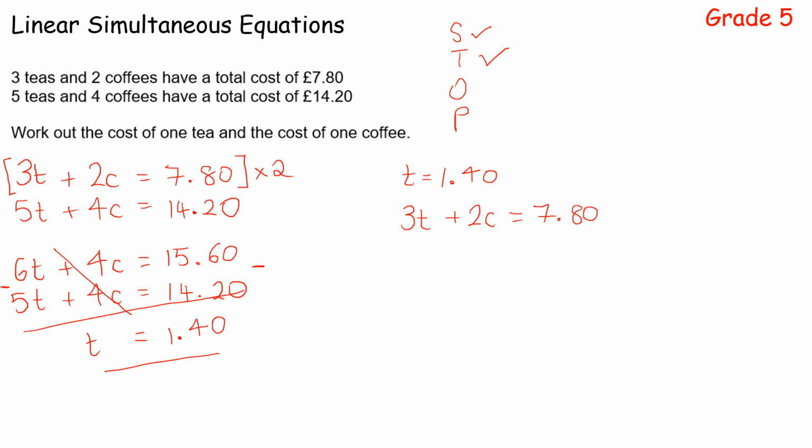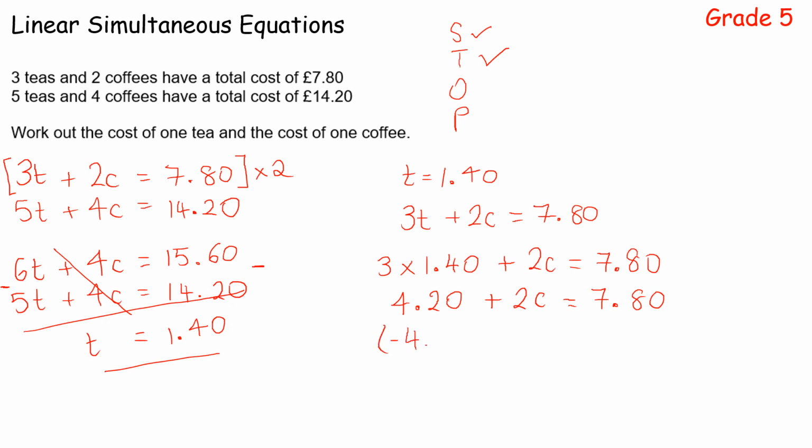So substitute T into this, so 3 multiplied by 1.40 plus 2C equals £7.80. This is going to give me £4.20 plus 2C equals £7.80.